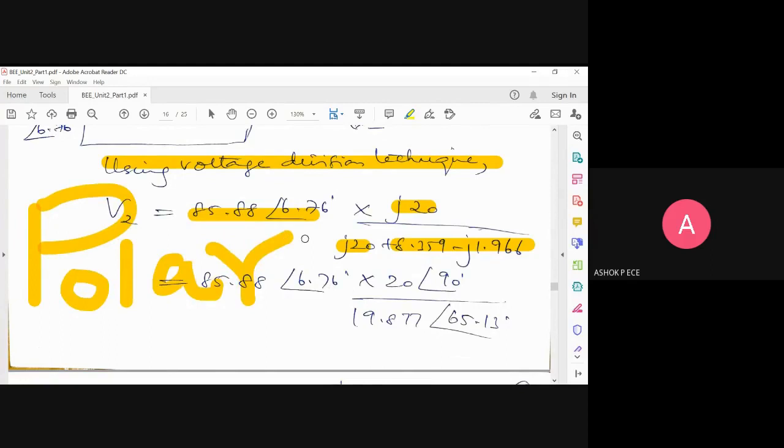The applied voltage is already in polar, J20 you know is 20 angle 90. Divided by, simplify the denominator: you have two imaginary terms, you can club them, then find the magnitude. The final magnitude is 19.877 angle 65.13. This is the denominator only.